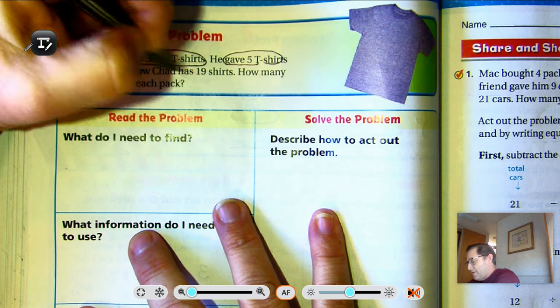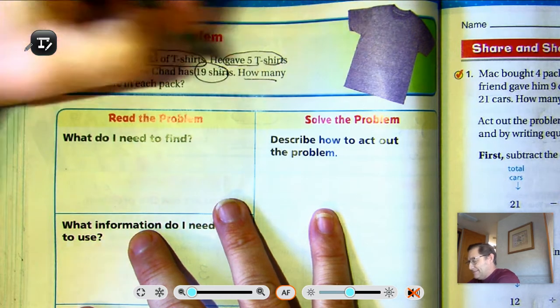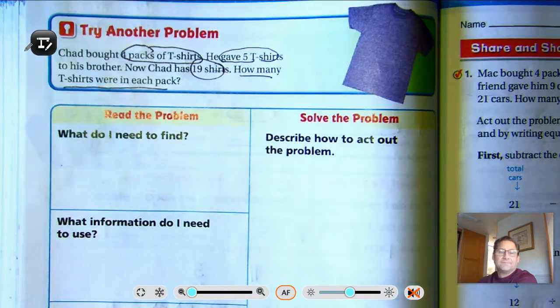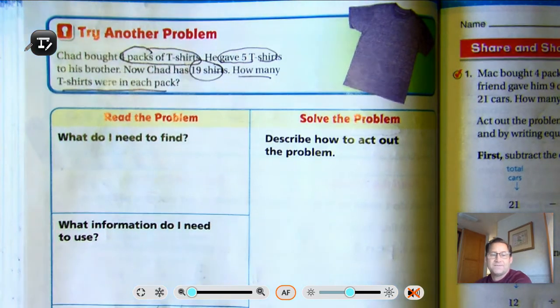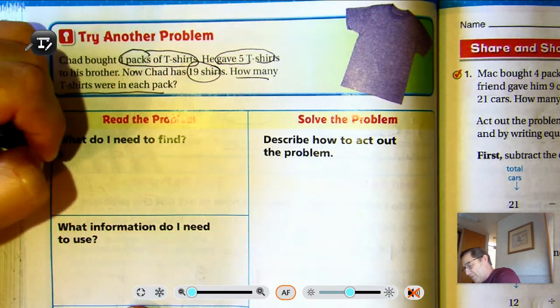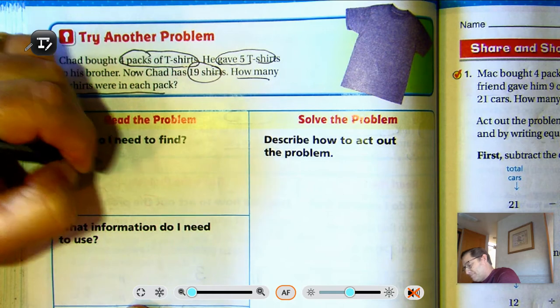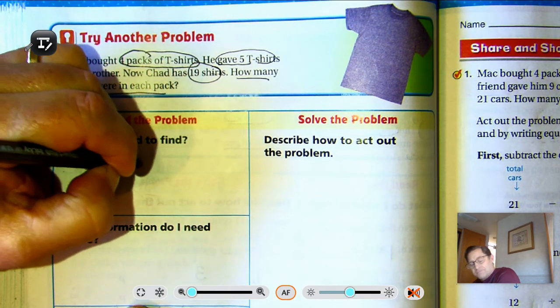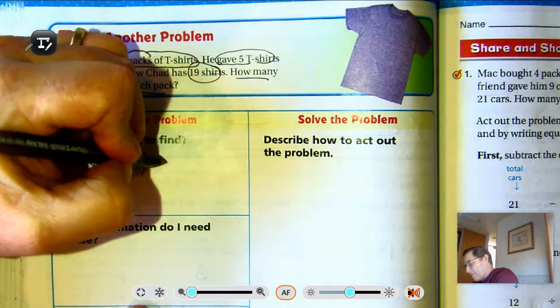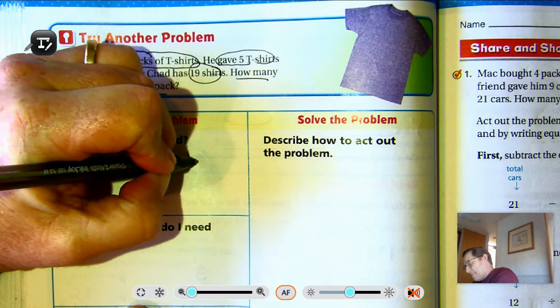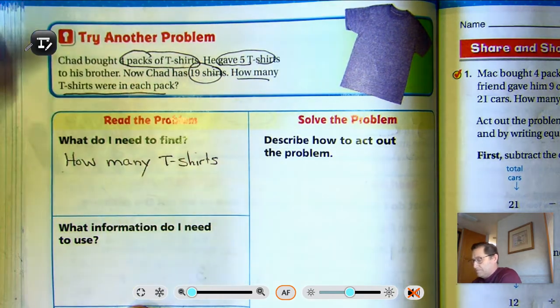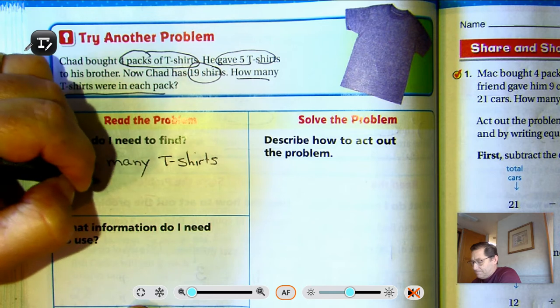He now has 19. Okay, so what do I need to find? How many t-shirts were in each pack?